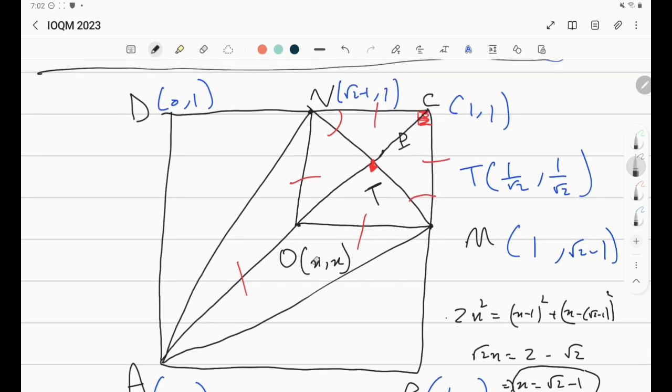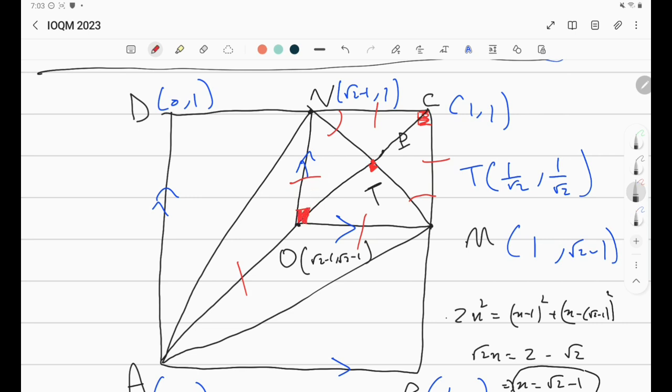So that gives us the coordinates. Oh, actually, now if you look at it, we have a nice thing. Root 2 minus 1, this is root 2 minus 1. So that means this is parallel to the y-axis, and this is parallel to the x-axis. Oh, this is very nice. If this is parallel and this is parallel, then this is actually a right triangle.